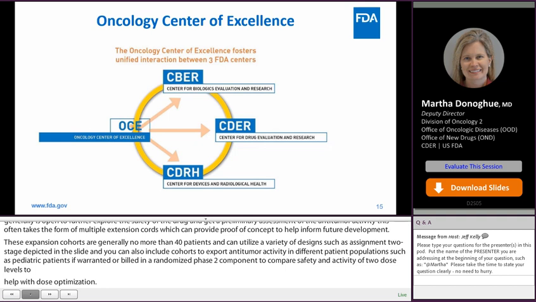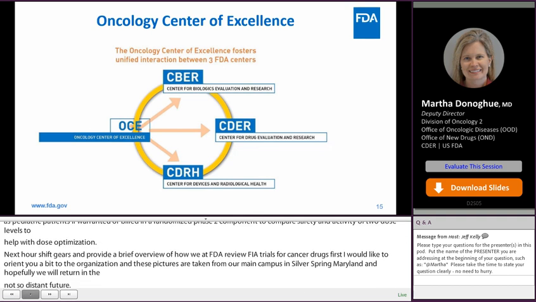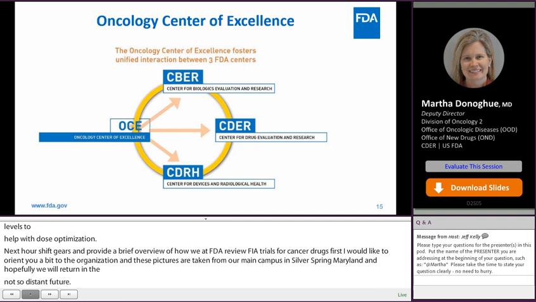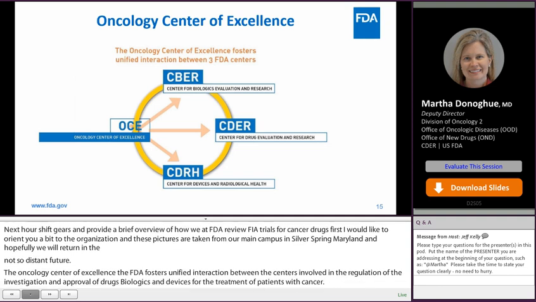The Oncology Center of Excellence at the FDA fosters a unified interaction between the centers involved in the regulation of the investigation and approval of drugs, biologics, and devices for the treatment of patients with cancer. The Center for Biologics Evaluation and Research, or CBER, oversees cellular and gene therapies as well as vaccines, whereas the Center for Drug Evaluation and Research, or CDER, where I work, oversees development of drugs and other biologic treatments, such as monoclonal antibodies and antibody-drug conjugates.